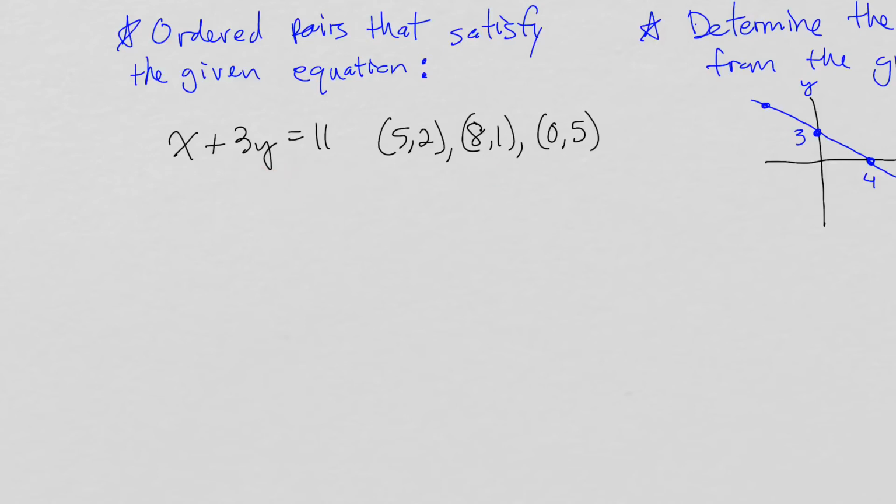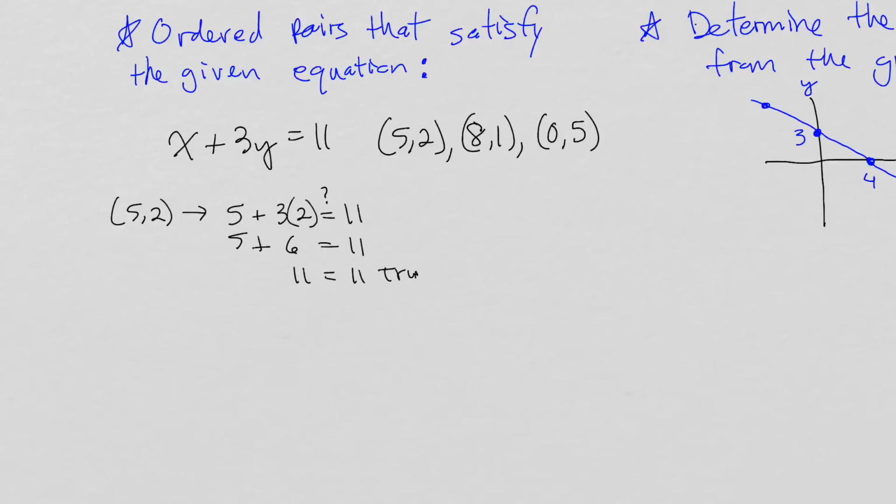First we're going to test the first ordered pair. We're going to plug in 5 for x, 2 for y, to see if this equals 11. We get 6, and so we get 6 plus 5, which is 11.